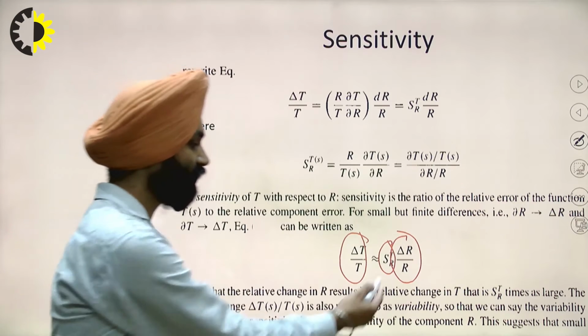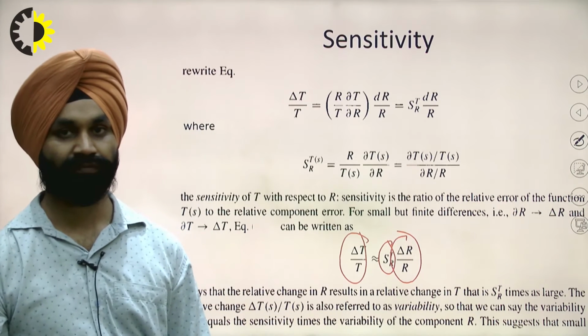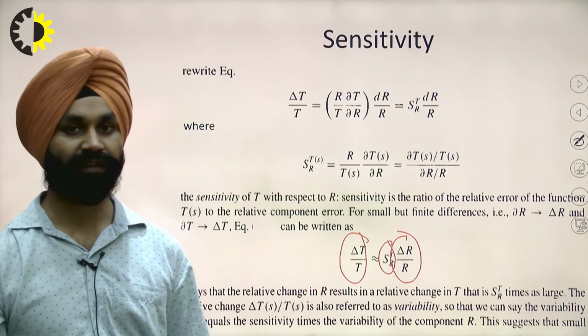For example, here component value is R. So this is the relationship between sensitivity and the variability.